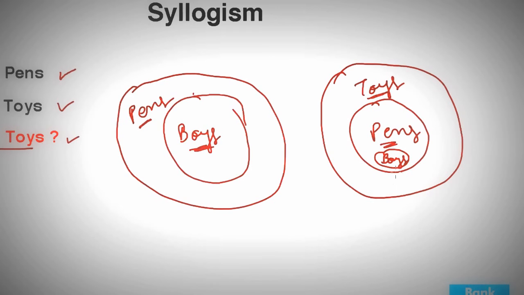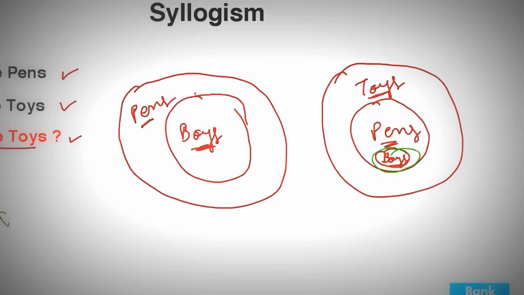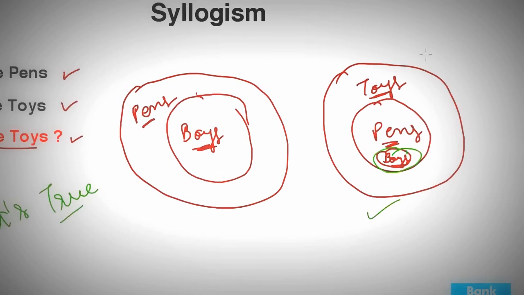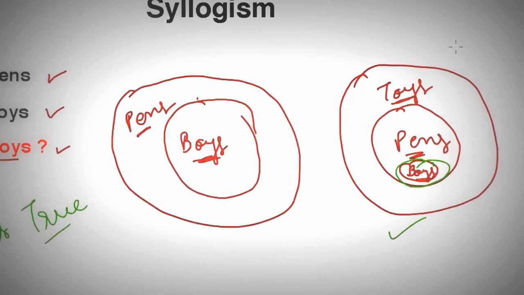So all boys, this smaller circle, is a part of the bigger circle, toys. So yes, it's true. All boys are toys. So let's do some difficult questions that will be asked in the real exams.